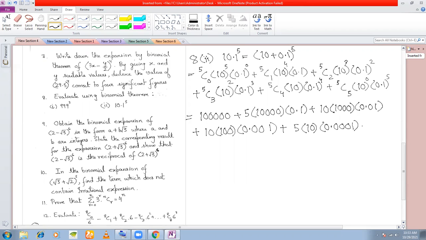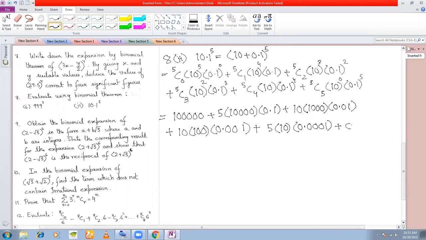And 5C5 is 1, 10 to the power of 0 is 1, so you have simply 0.1 to the power of 5, which is 0 point followed by 4 zeros and then a 1.